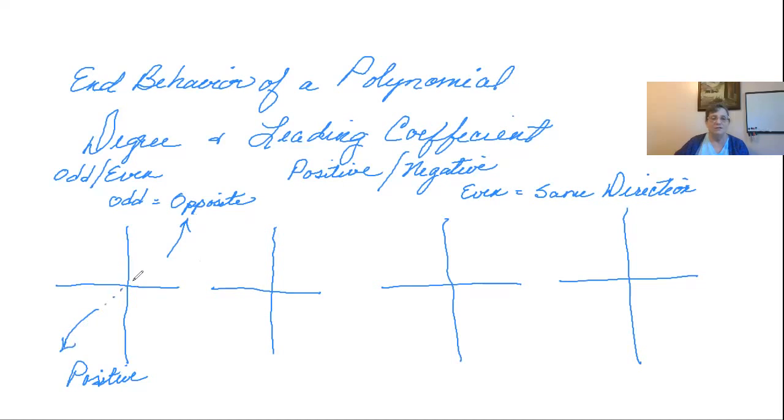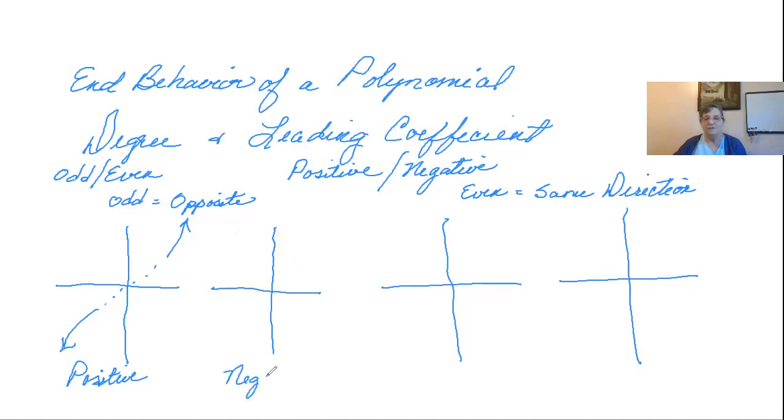Now, this doesn't determine what goes on in between. The middle part is going to be controlled by the rest of the terms in the polynomial. But what goes on at the extremes is controlled strictly by the leading term. That's why they sometimes call it the dominating term.